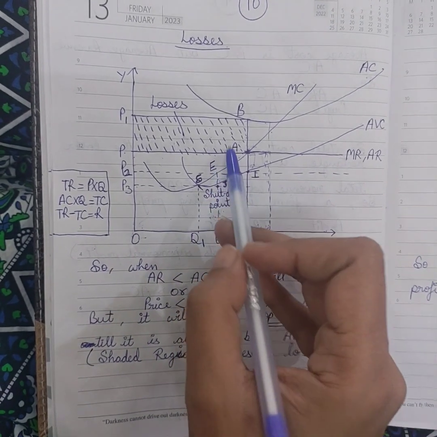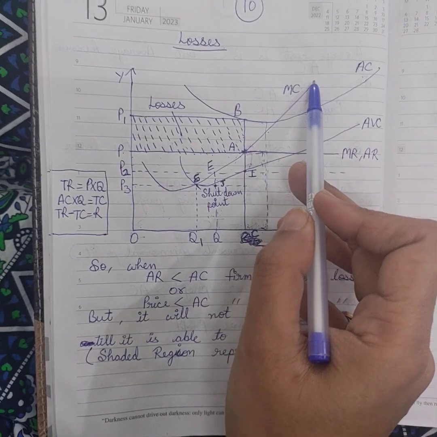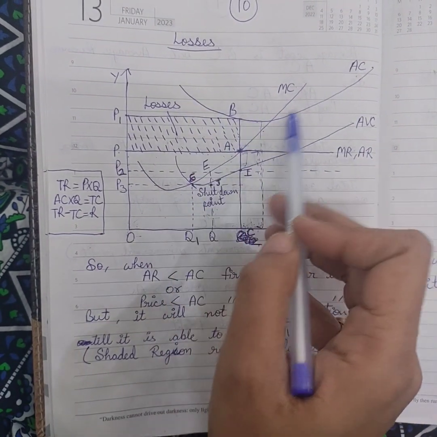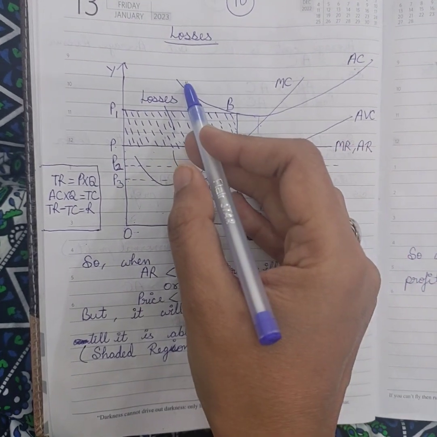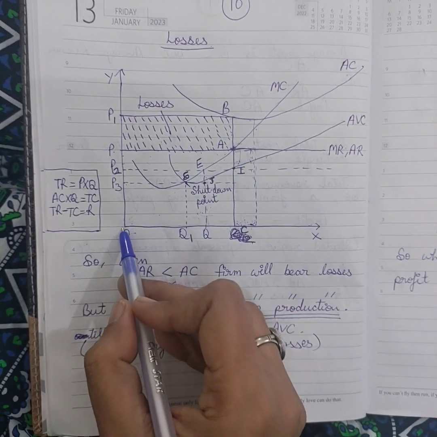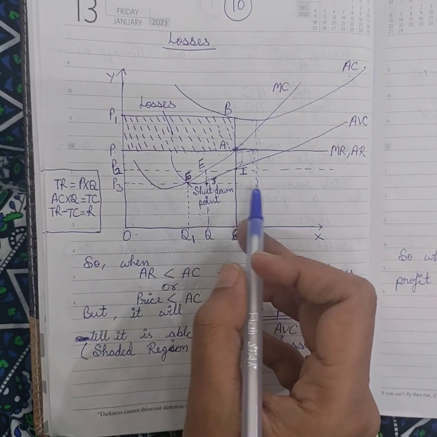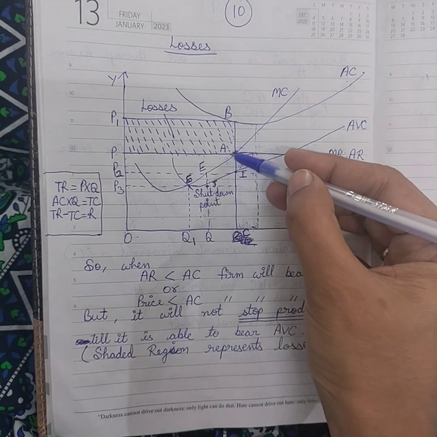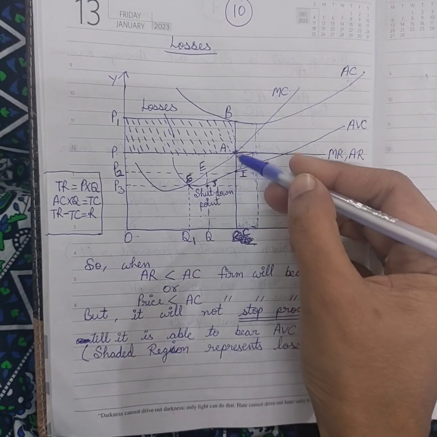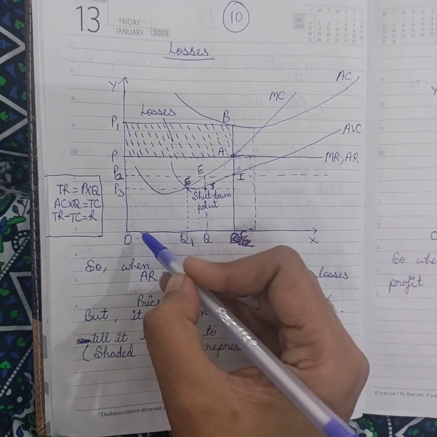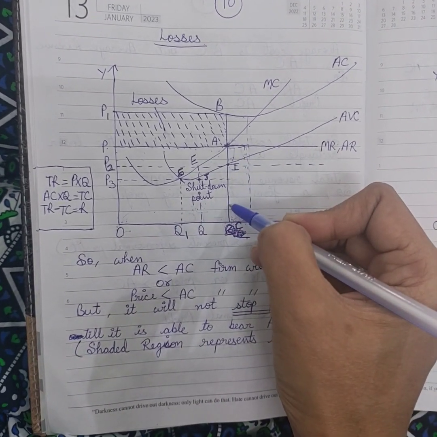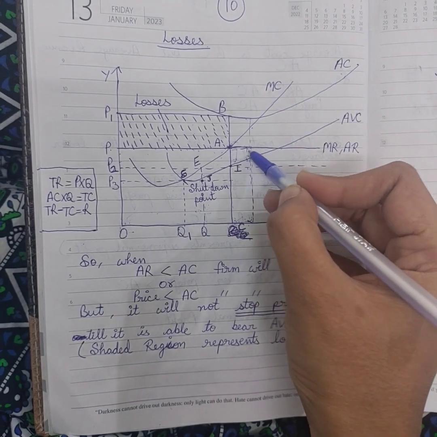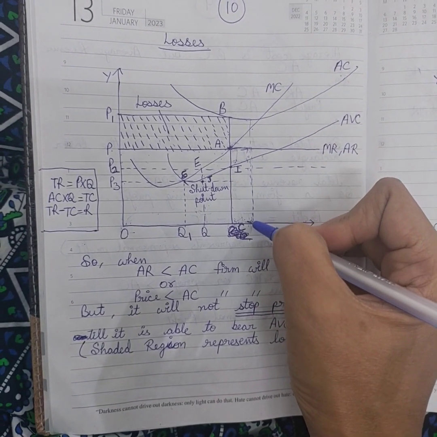Now let's see the AC curve. Suppose this is our AC curve. At OC output, AC, this AC, is the average revenue.